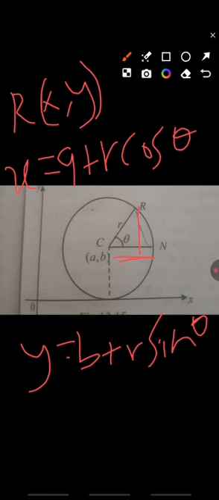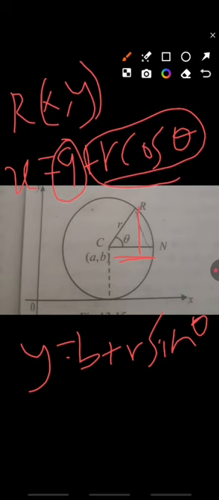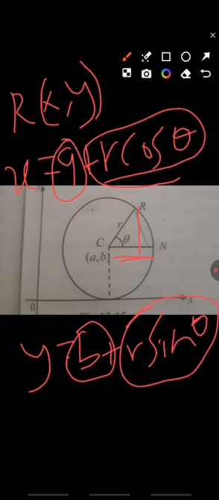So you realize that here the coordinates are expressed in terms of only one variable. If you look at the coordinate x, it is expressed in terms of only a variable. Now this r cos theta is constant, and this r sine theta is also constant.